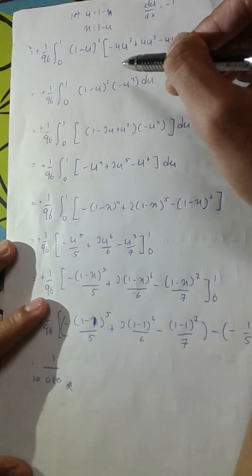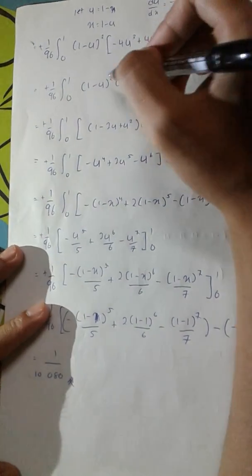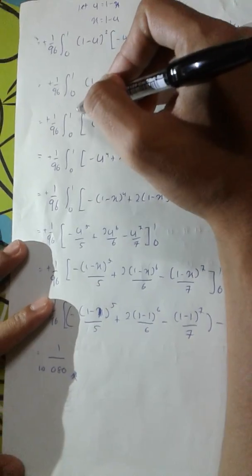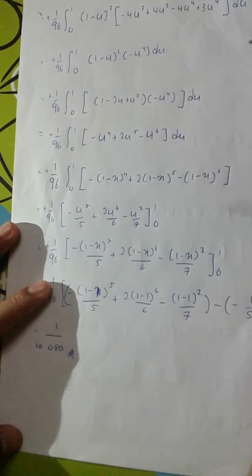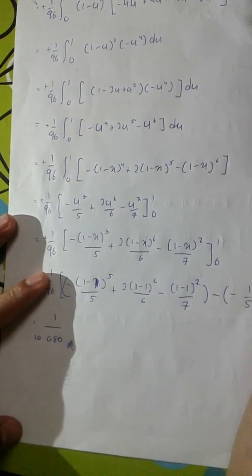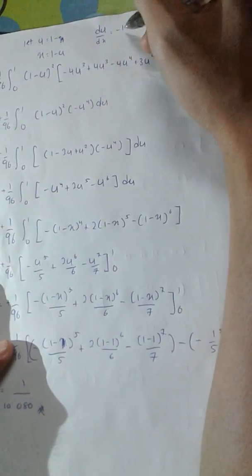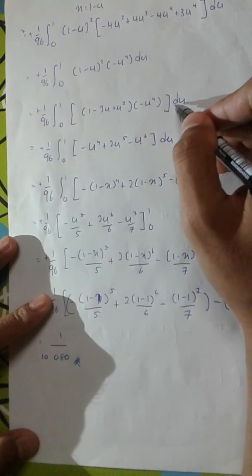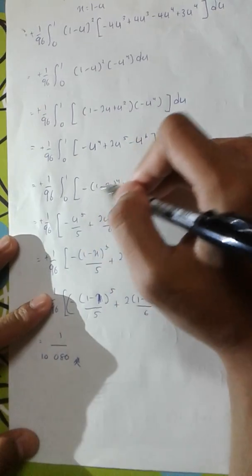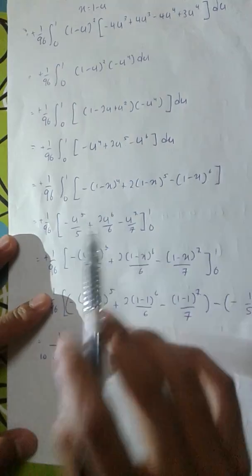Then we integrate as usual, and we get the result as this. Since when we integrate du over dx, we get the negative 1. Then this negative value we move to the front and get the negative here.